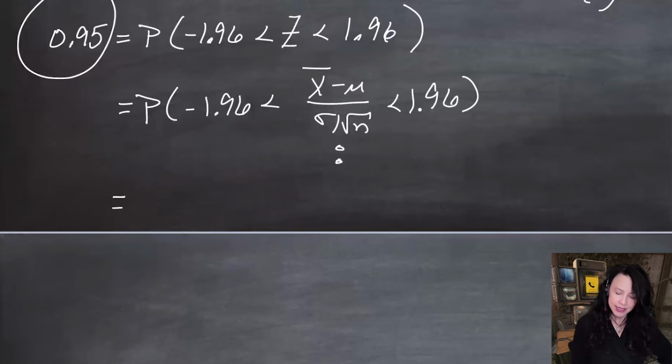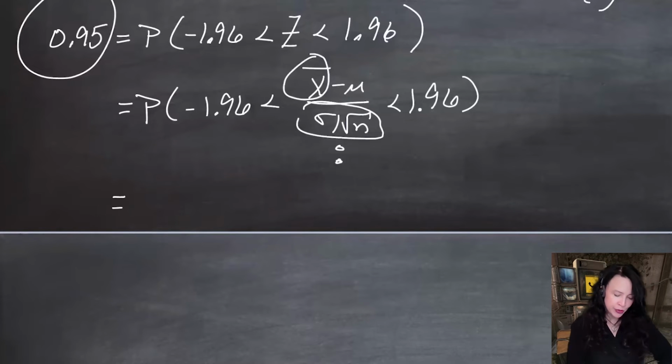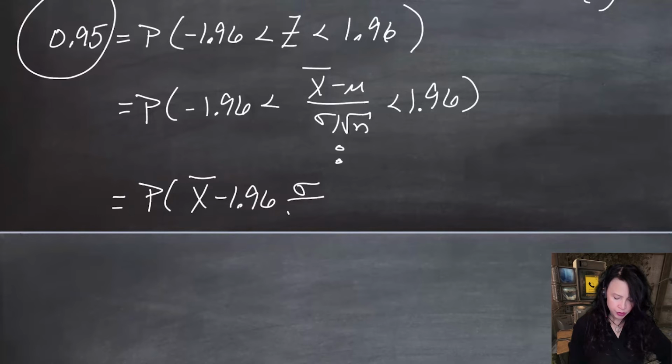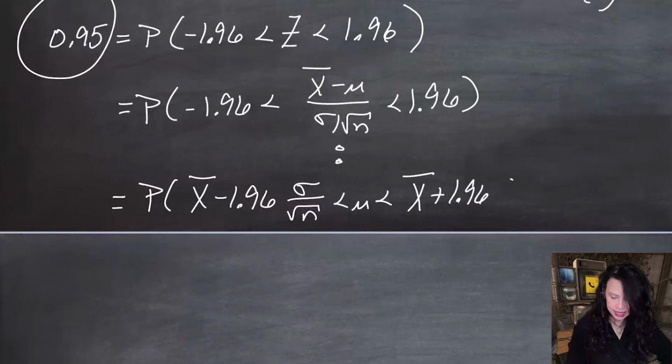However many steps that takes you, maybe multiply across by this and subtract this, but then you have minus mu and multiply through by a negative or whatever you do. But we're going to get to X bar minus 1.96 times sigma over the square root of n less than mu less than X bar plus 1.96 sigma over the square root of n.